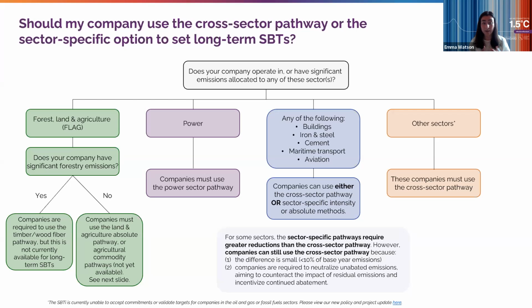It's going to be less than 10% and generally much less than 10%. Also, when companies reach their long-term science-based target, they'll be required to neutralize any emissions that remain. The aim is to counteract the impact of those residual emissions, but it would also incentivize the company to continue to reduce their value chain emissions as well.